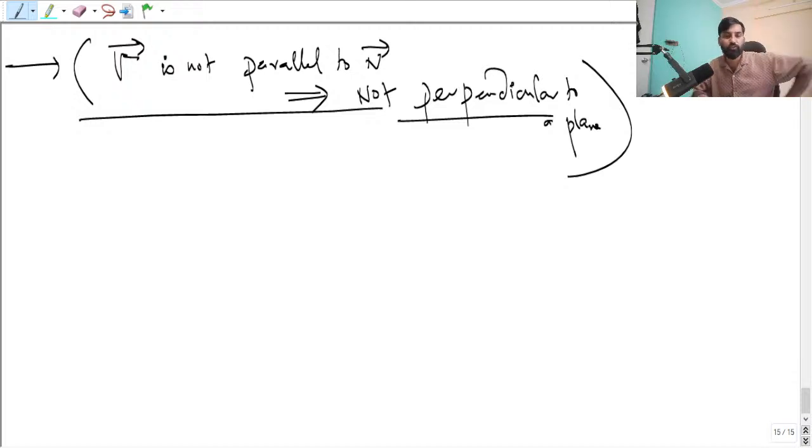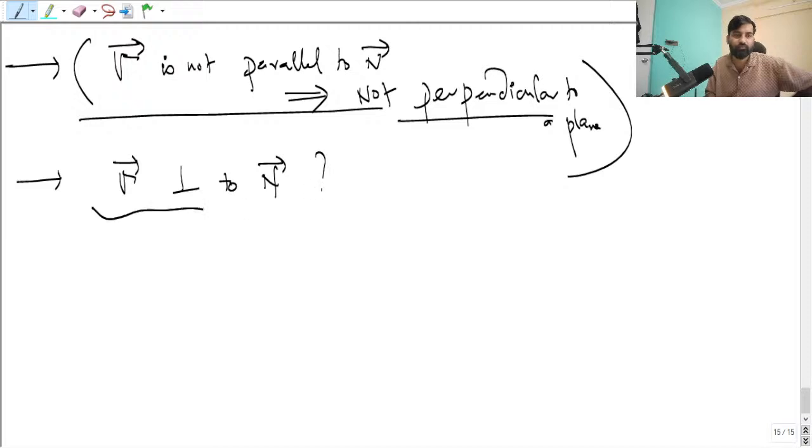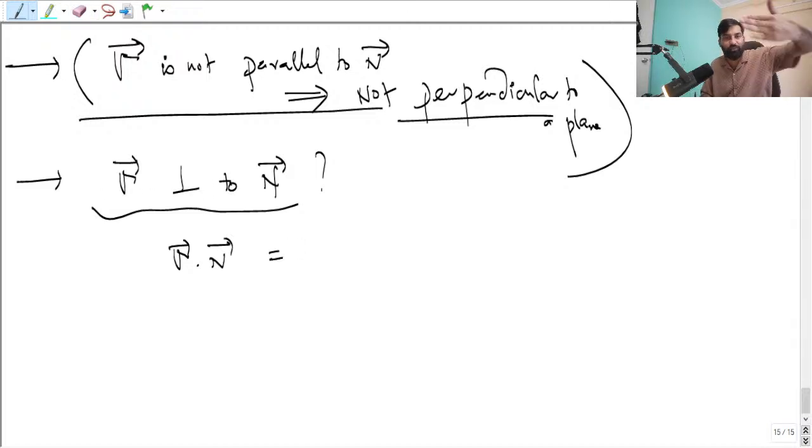V perpendicular to the normal vector n. So v dot n must be equal to 0. That is the very important point. If it is equal to 0, this will ensure whether your vector is parallel to the plane or not.